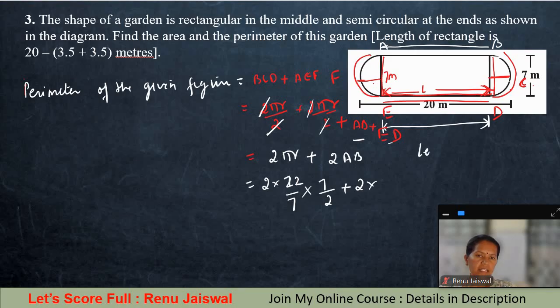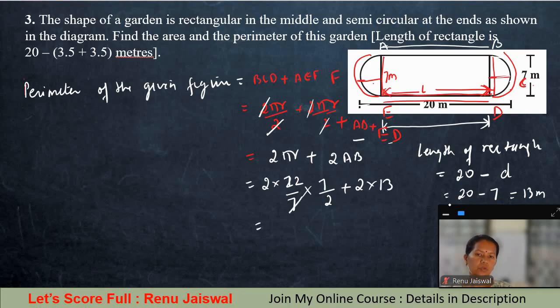So length of rectangle is how much? 20 minus, I need to calculate radius from this side and radius from this side. So it is 20 minus 7, which is 13 meter. So I can substitute here 13 meter. Do the cutting, 7 and 7, 2 and 2. So 22 and 13 2s are 26, and this will give you 48 meter. So perimeter of this figure is 48 meter.